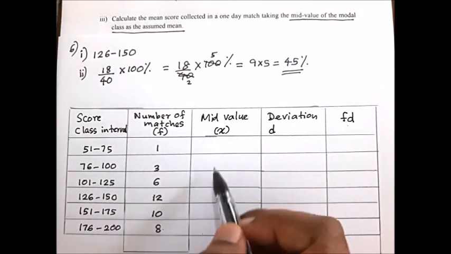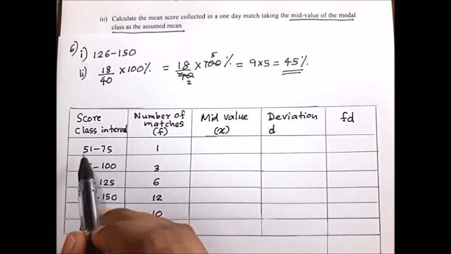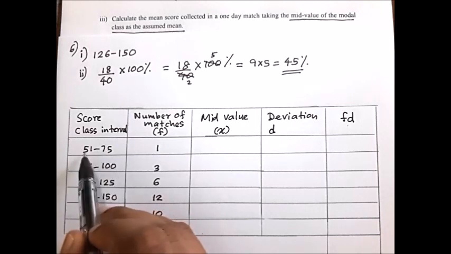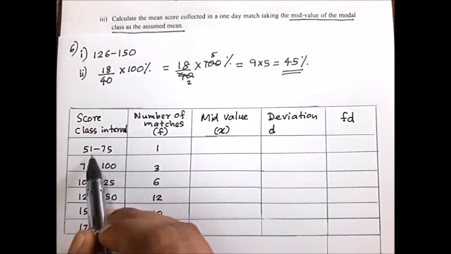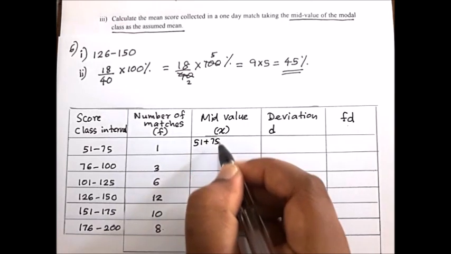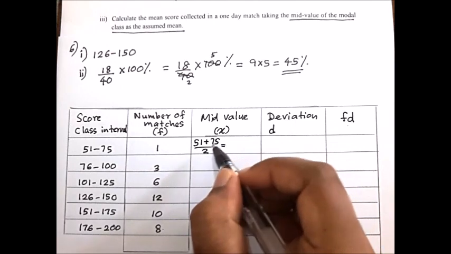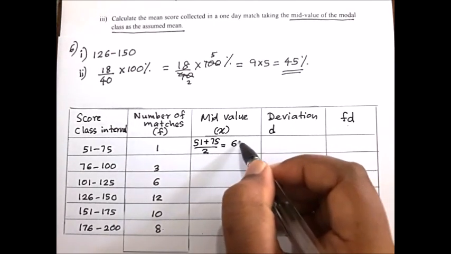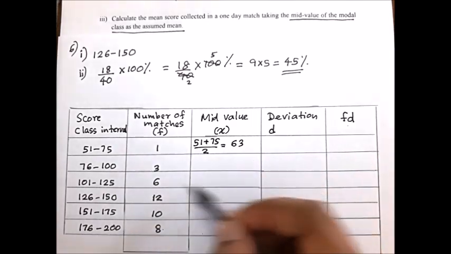How can you find the mid-value? In this class interval, 51 is the lower limit and 75 is the upper limit. Add the lower limit and upper limit, then divide by 2. 51 plus 75 divided by 2. 126 divided by 2 is 63. Do the same thing for the others.